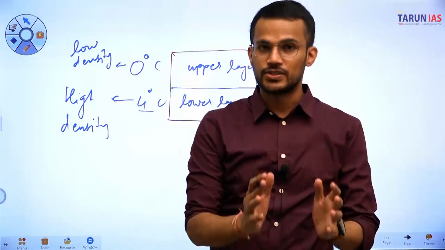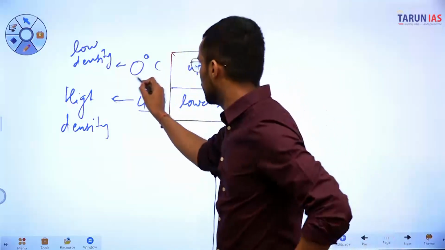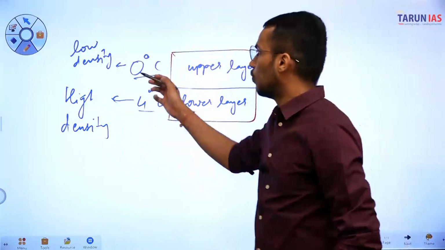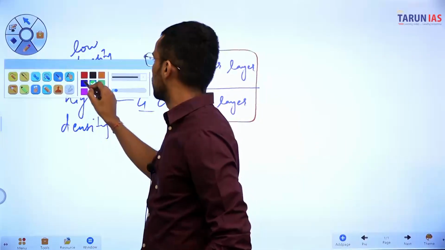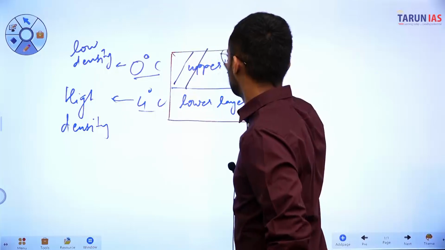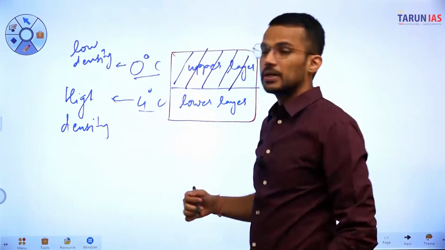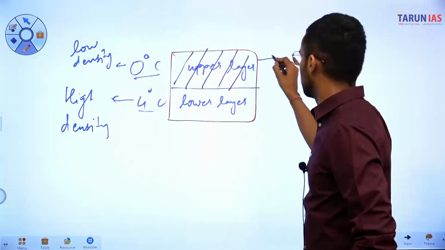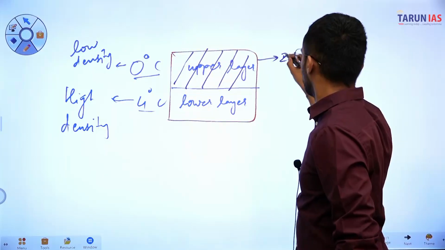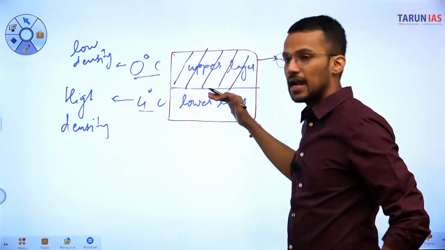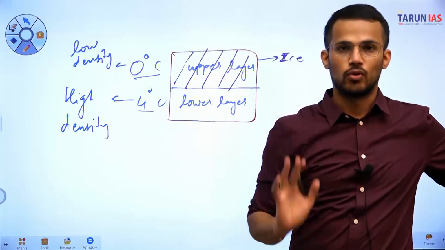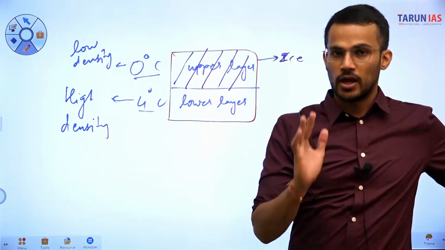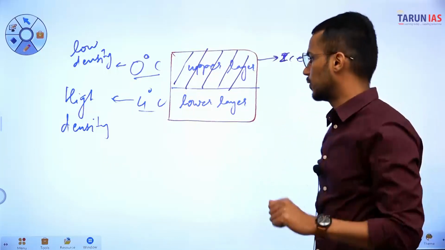And as a result of this, at 0 degrees Celsius, we know that water freezes, and that's why this upper layer will be converted into ice, and the lower layer will remain in water or liquid form. Fine. So I hope you have understood this particular discussion.